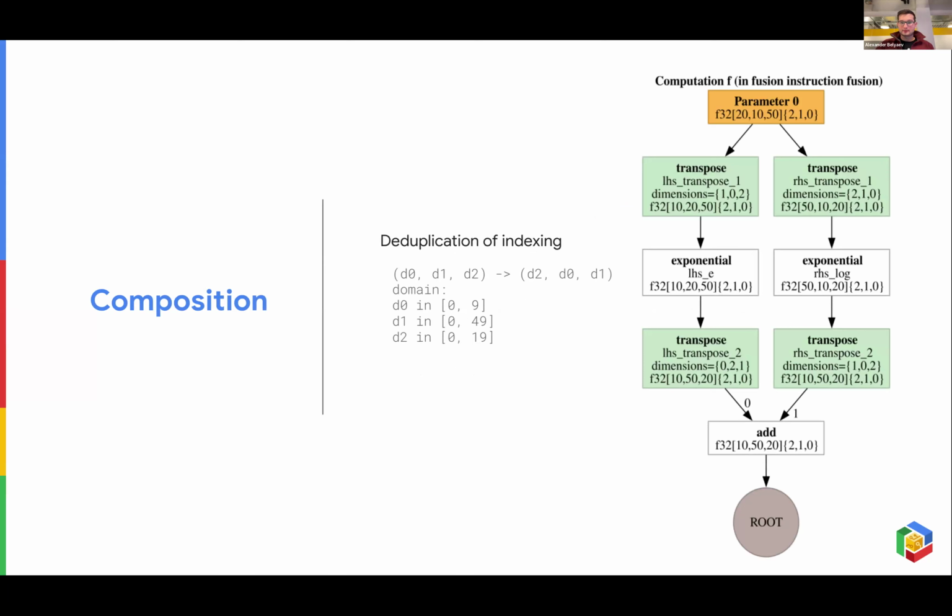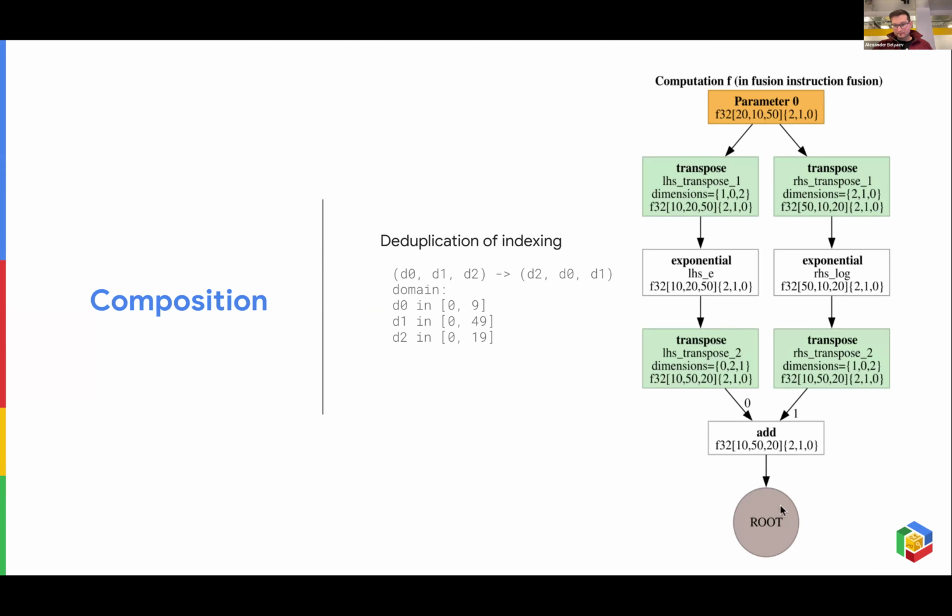Indexing maps, just like affine maps, can be composed and also deduplicated. If you have a fusion that has many ops inside, and for every one of these ops you have an indexing map from output to input, you can compose all of them and compute an indexing map from the output of the fusion to the input of the fusion.